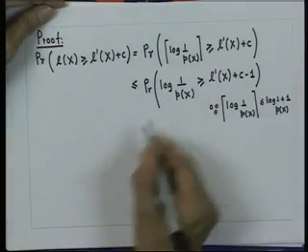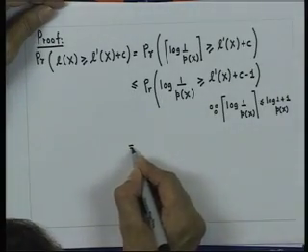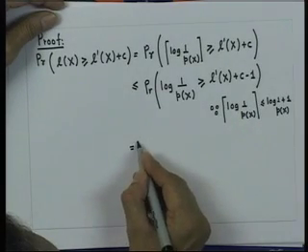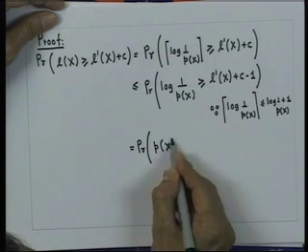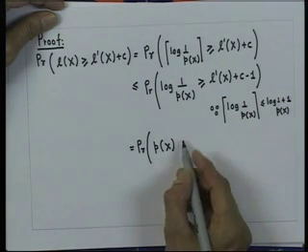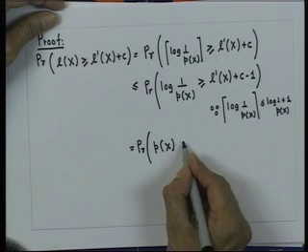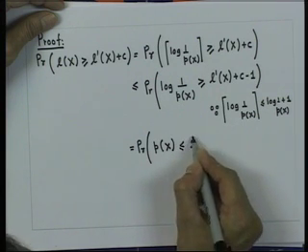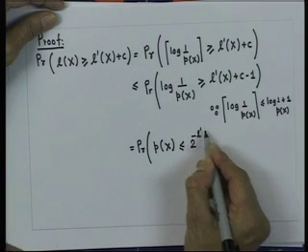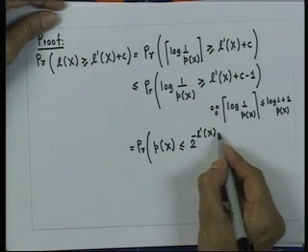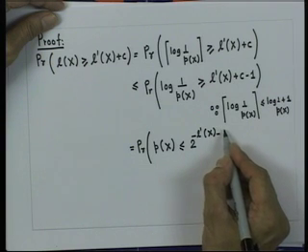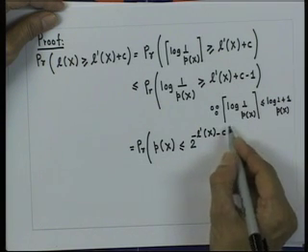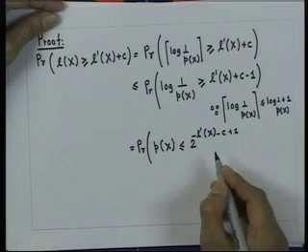Now, this interpretation in terms of probability is nothing but probability of p of x less than or equal to 2 to the power minus L dash x minus c plus 1.